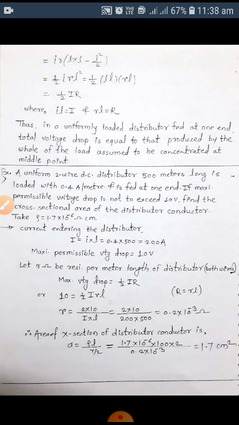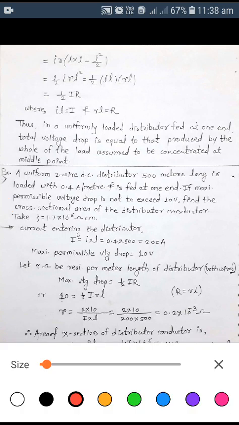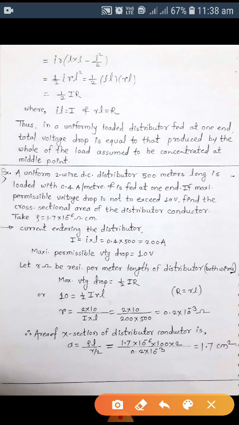A uniform 2-wire DC distributor 500 meters long is loaded with 0.4 ampere per meter and is fed at one end. If maximum permissible voltage drop is not to exceed 10 volt, find the cross-sectional area of the distributor conductor, and data is given.